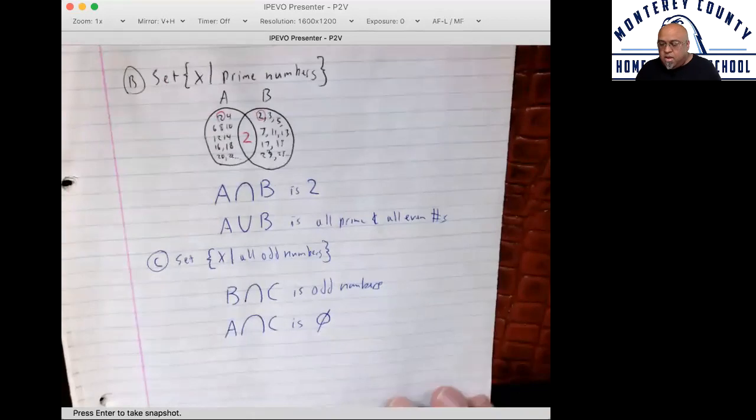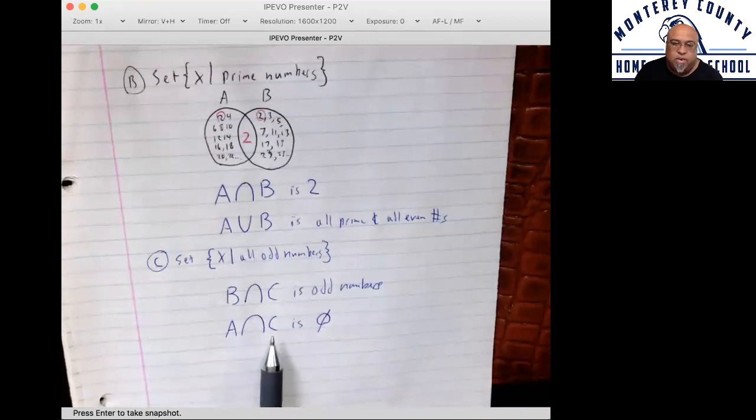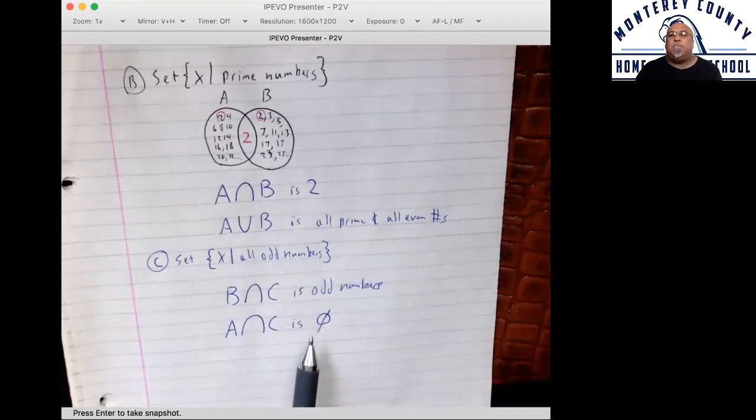Sorry about that. So A and C have no common elements in the fact that A is defined as even numbers and C is defined as odd numbers. The intersection of A and C would be null, or basically meaning that there are no numbers that are concurrently even and odd.